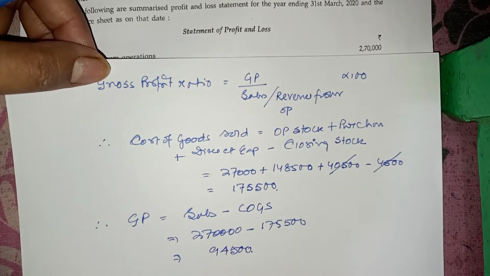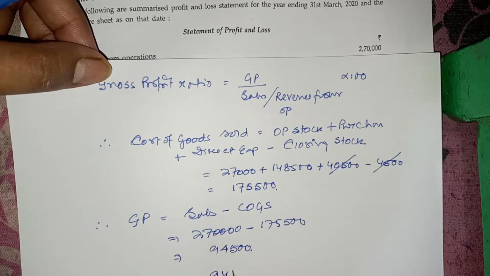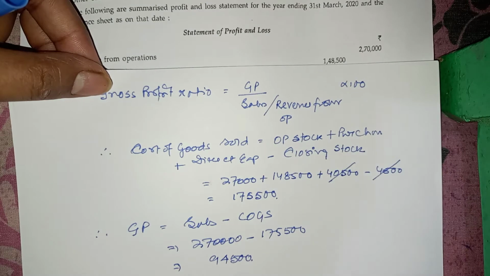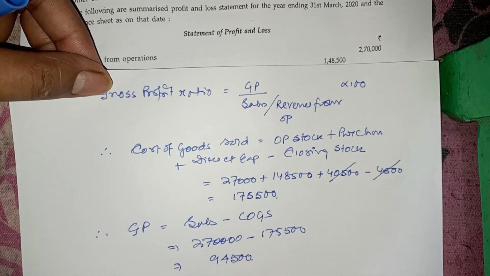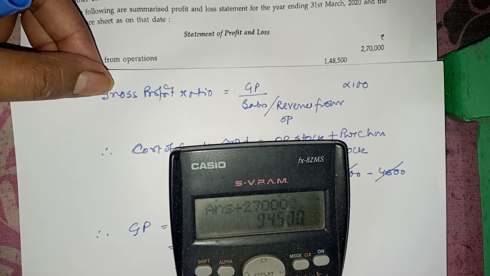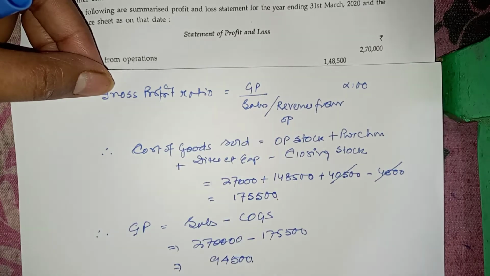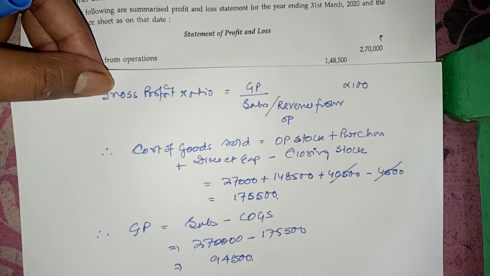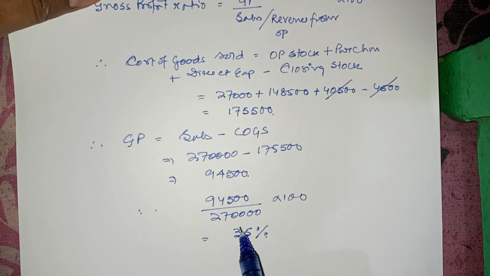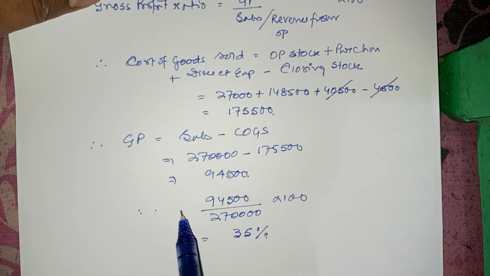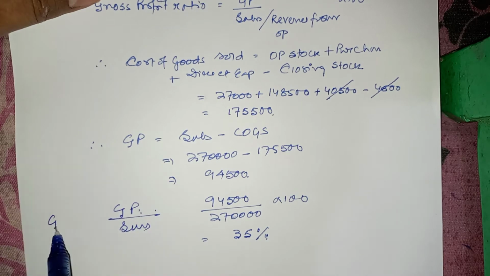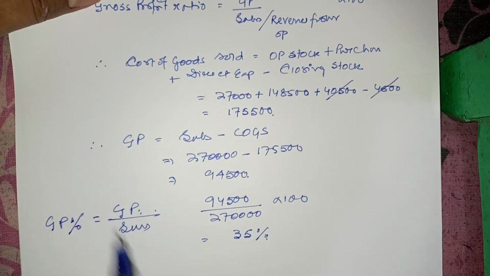So the GP ratio will be 94,500, as the formula is applicable, GP by revenue from operations, the revenue from operations is 2,70,000, into 100, which is 35%. Clear, student? The concept is totally clear. The GP ratio is 35%. Here we can also write GP by sales, GP percentage.